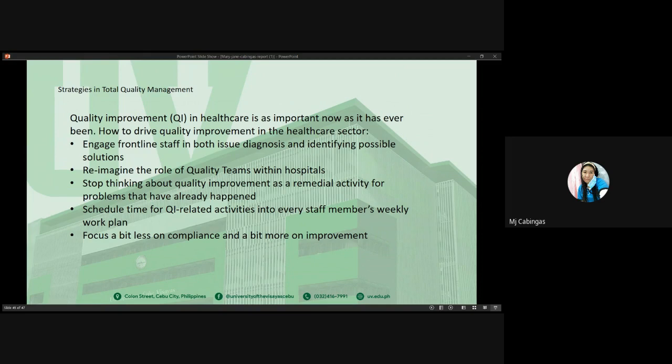Stop thinking about quality improvement as a remedial activity for problems that have already happened. Schedule time for QI-related activities into every staff member's weekly work plan, and focus a bit less on compliance and a bit more on improvement.